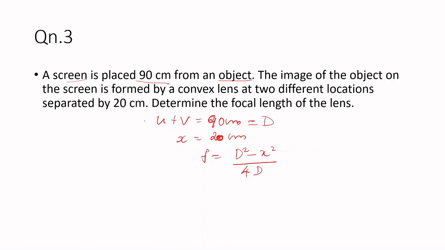D is the object to image distance, which is given as 90 centimeters, and x is the displacement between two images formed by the lens. So x is equal to 20 centimeters. F is d square minus x square by 4d. D is 90 square minus x is 20 square divided by 4 into 90. So this will give us the value as around 21.4 centimeters.